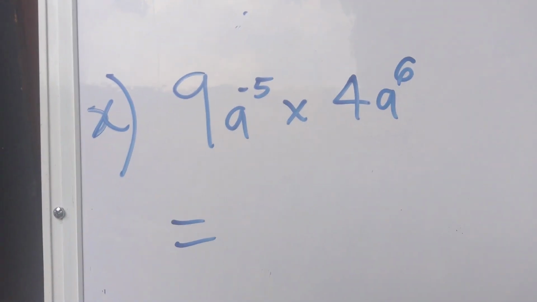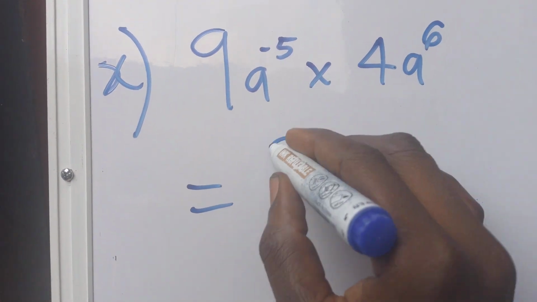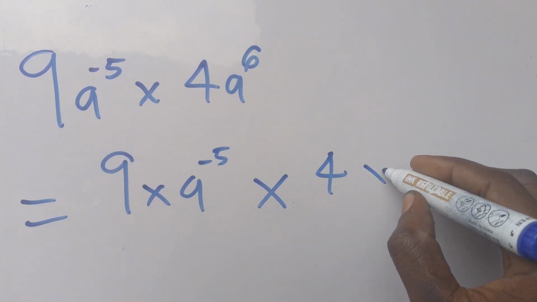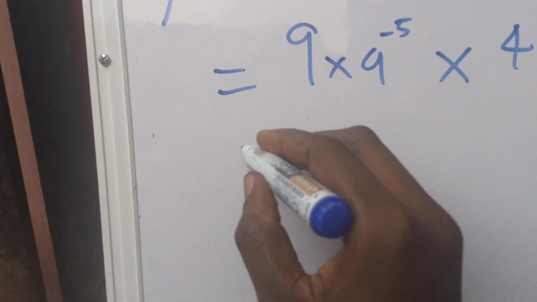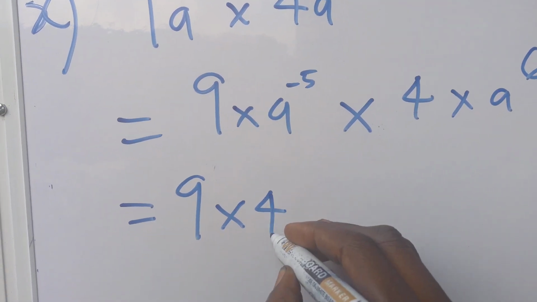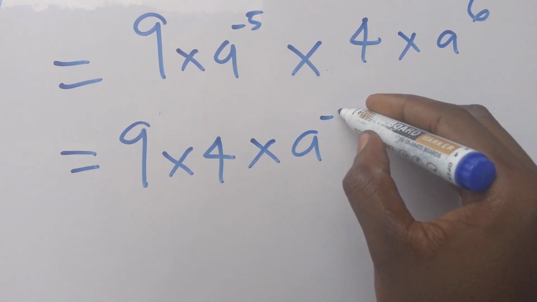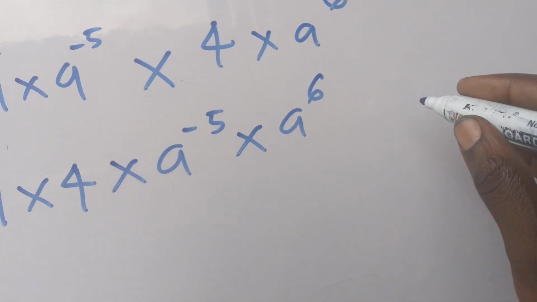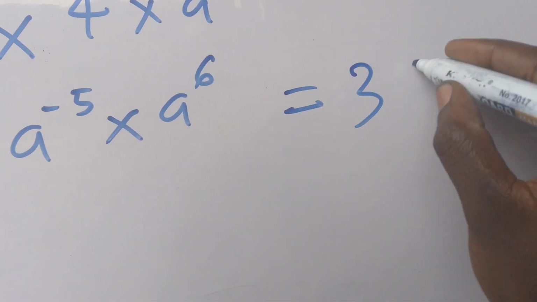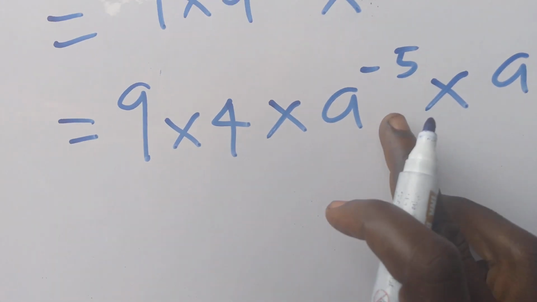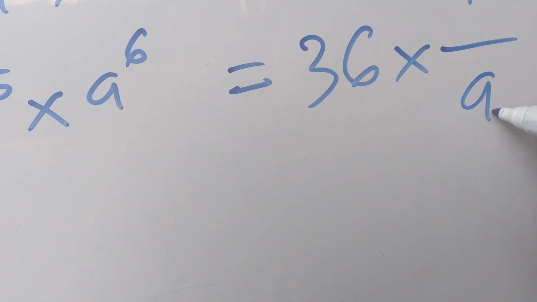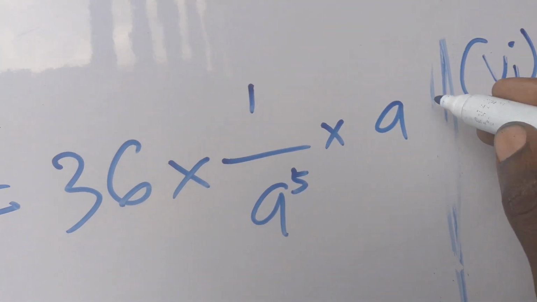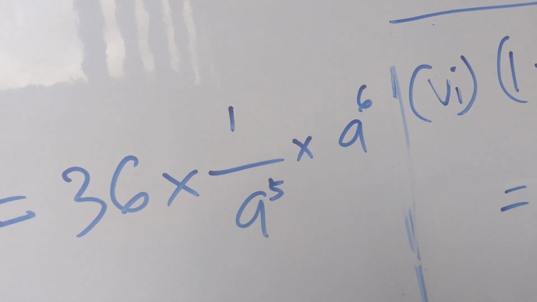So this will be 9 times e raised to power minus 5 times 4 times e raised to power of 6, which is equal to 9 times 4 times e raised to power minus 5 times e raised to power of 6, okay, which is 9 times 4 is 36, and then e raised to power minus 5 is 1 over e raised to power of 5 times e raised to power of 6, okay.